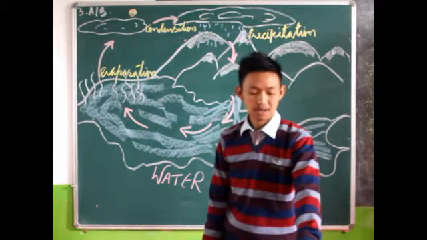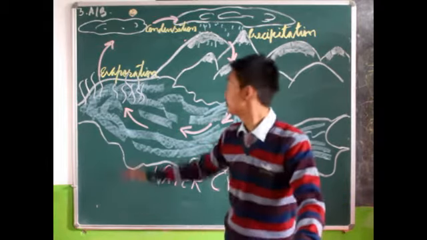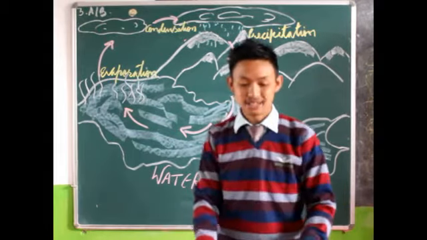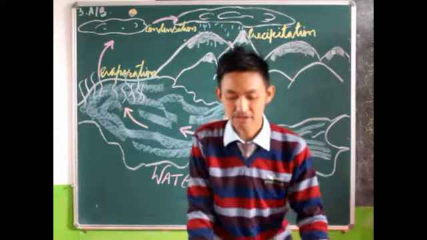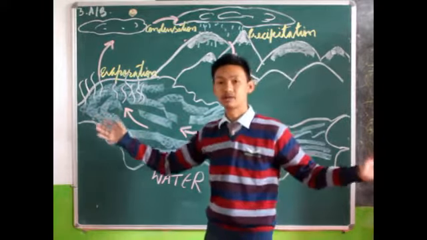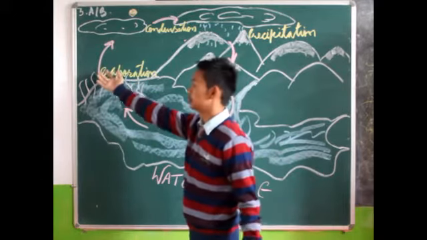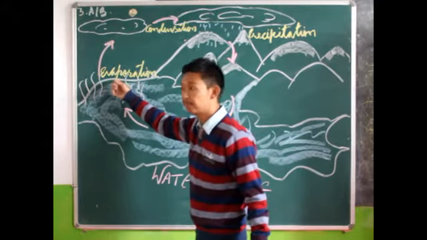Now, when the water changes into water vapor during the evaporation process, it dissolves a range of gases present in the air in the surroundings. So what happens when the water turns into water vapor during evaporation?